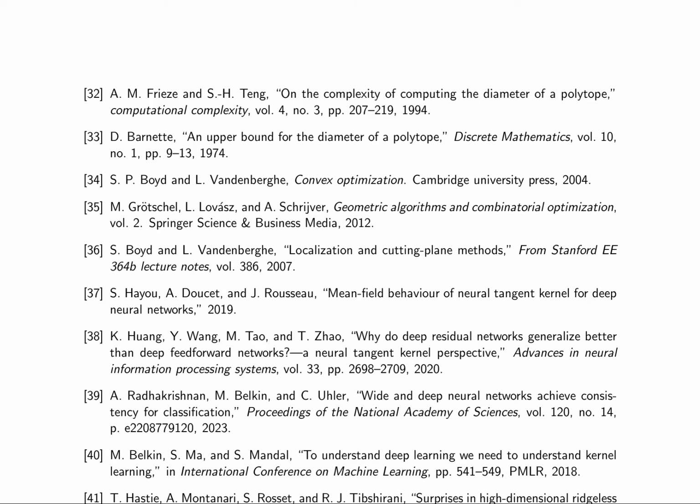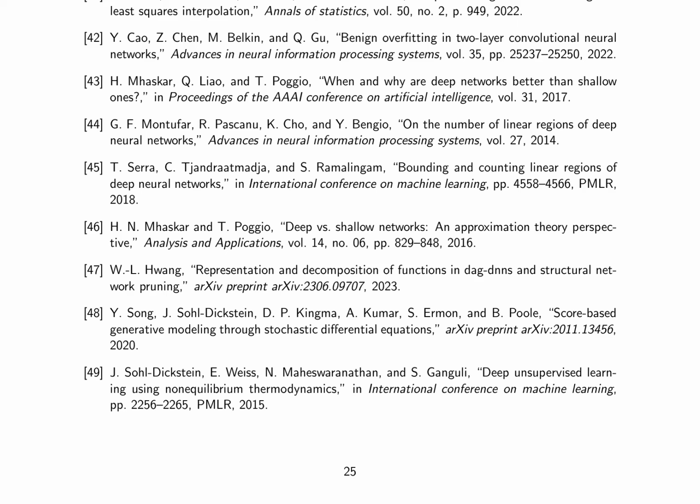In the context of neural networks, the paper references Heo et al.'s mean-field behavior of neural tangent kernel for deep neural networks, 37, Hwang et al.'s work on why deep residual networks generalize better than deep feedforward networks from a neural tangent kernel perspective, 38, and Radhakrishnan et al.'s findings on wide and deep neural networks achieving consistency for classification, 39.